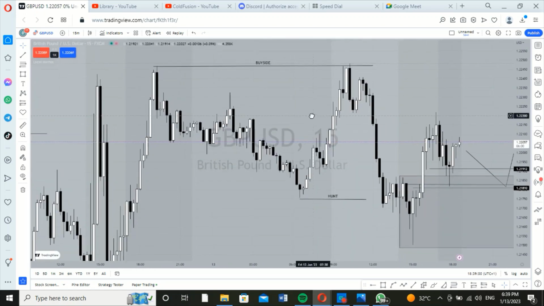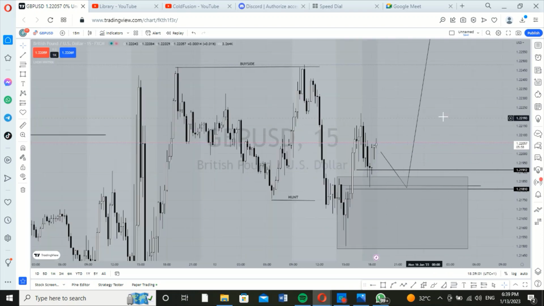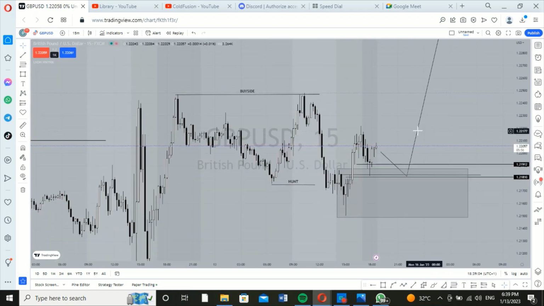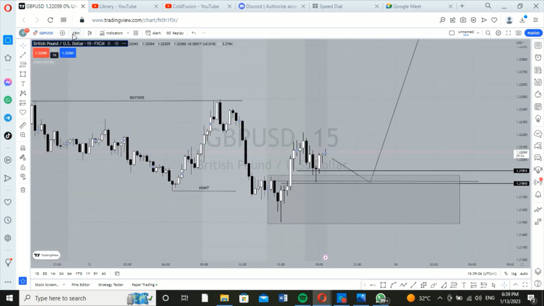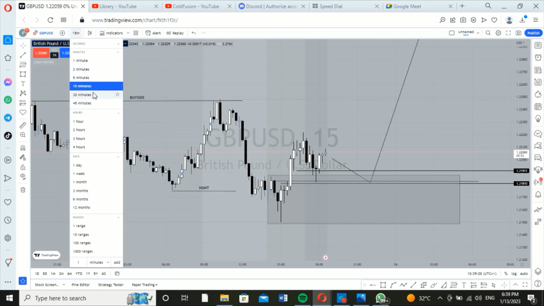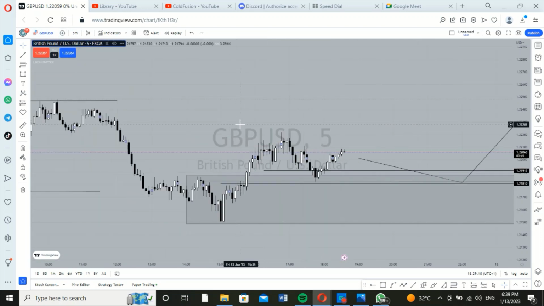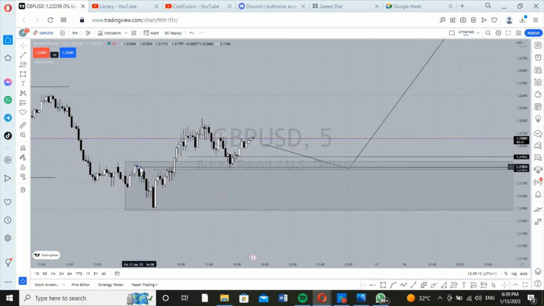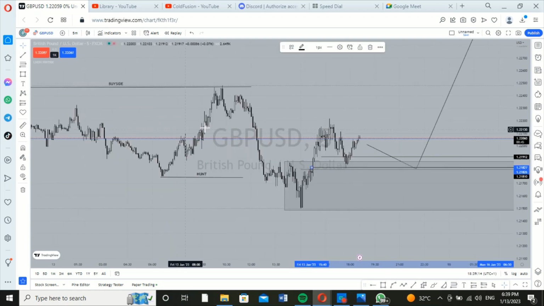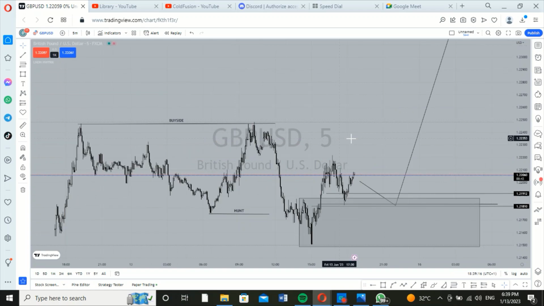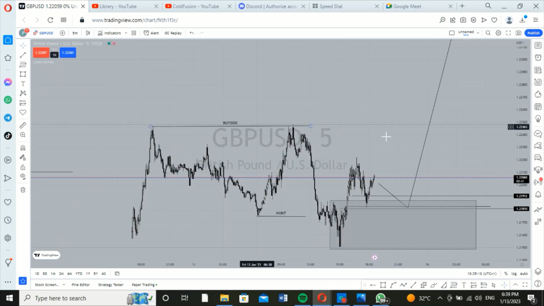So we can see gbpusd, same stuff, same analysis, and you see how it played out. So right here, the same thing, it filled a fair value gap and it completely closed it, and we are targeting the buy-side liquidity right in here.